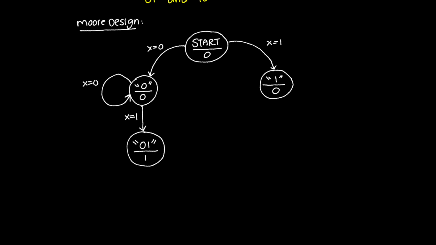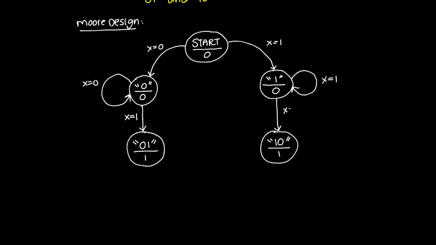Similarly, over here in my 1 detected state, if another 1 has been detected, then I'm just going to remain in that same state, saying that a 1 has been detected. But if a 0 has been detected, then I'm going to move into another state that is called 1, 0 has been detected. That's my label for it. I'm going to output high because it tells me that the sequence that I'm looking for, a 1 followed by a 0, has been detected.